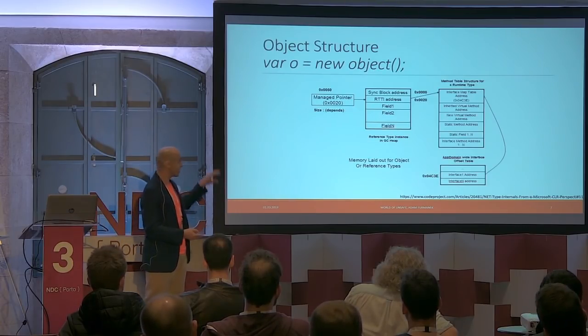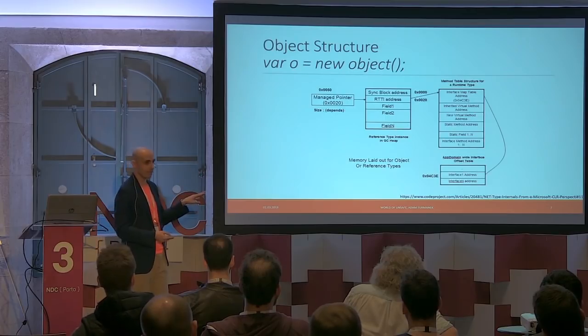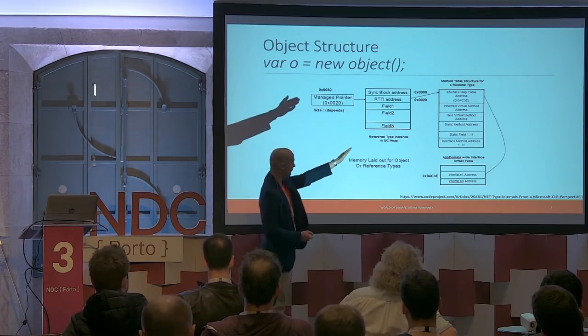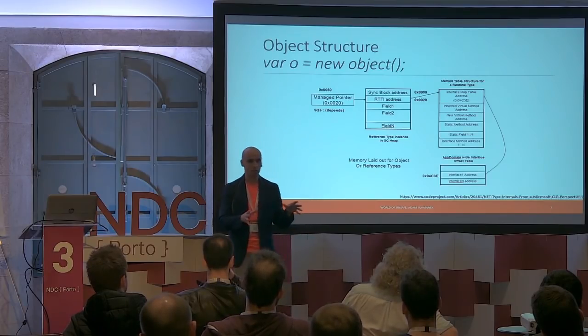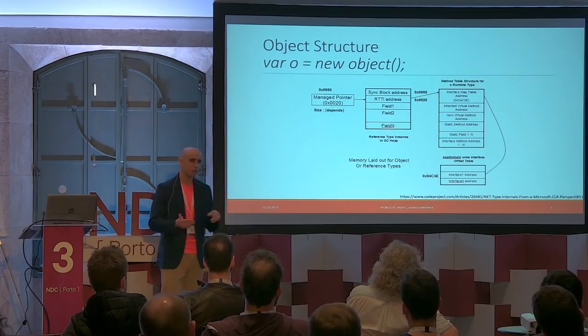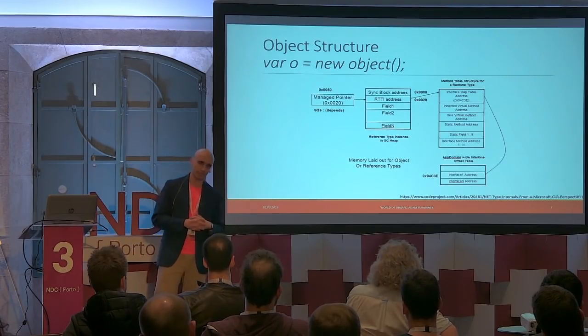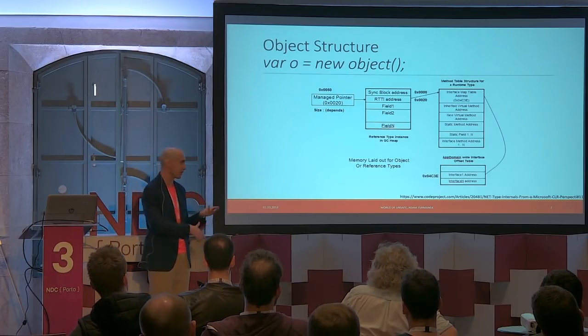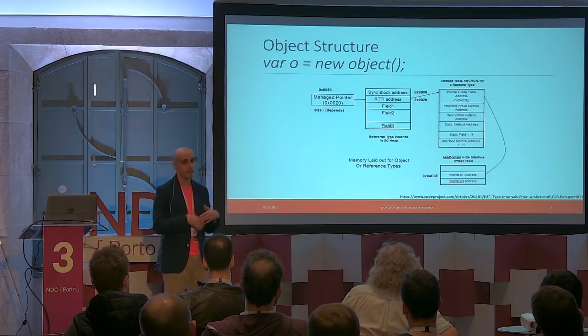And actually, our reference is pointing to this tag, to this RTTI address. And on the right side of this slide, what we have is the description of the object, which we can use during runtime using reflection to figure out all the details of the object. So which methods it has, which fields, properties, interfaces, inheritance hierarchy, everything else.